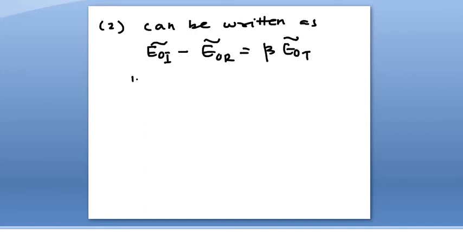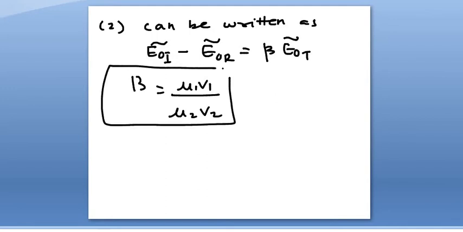What is this beta? It is mu1 V1 by mu2 V2. Let us name this as equation 3. Now see here, we are getting simple variable equations: x plus y is equal to z, and x minus y is equal to beta z. So we can solve.